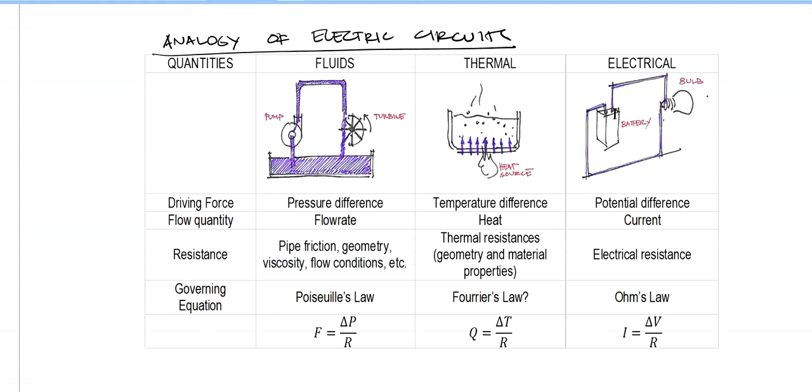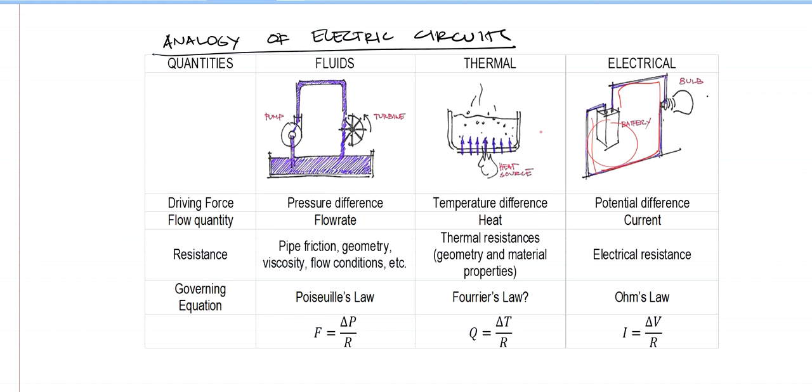So that there's going to be a flow of current right here. It will have a continuous flow of current if, of course, it's in a closed path, right? So there's going to be a driving force, and that driving force is the potential difference from this battery.